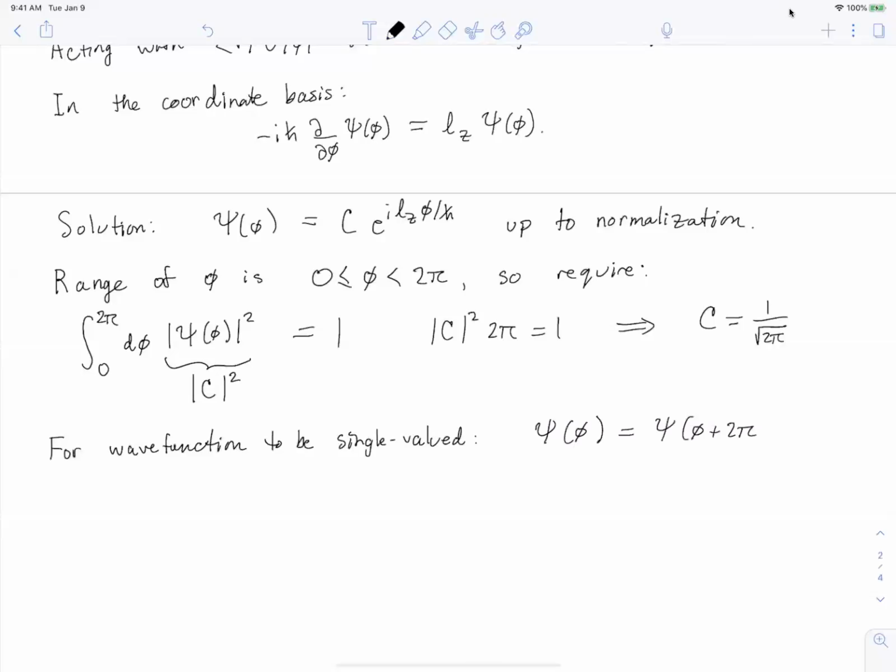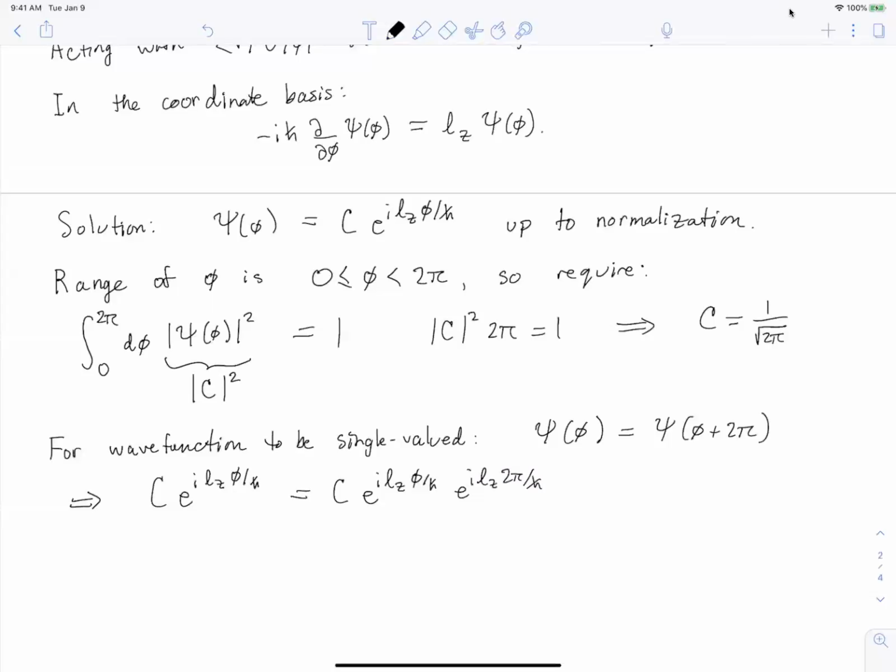In other words, if we rotate all the way around, we should get back to where we started. So that tells us c times e to the i L sub z phi over h bar should equal c e to the i L sub z phi over h bar times e to the i L z 2 pi over h bar.